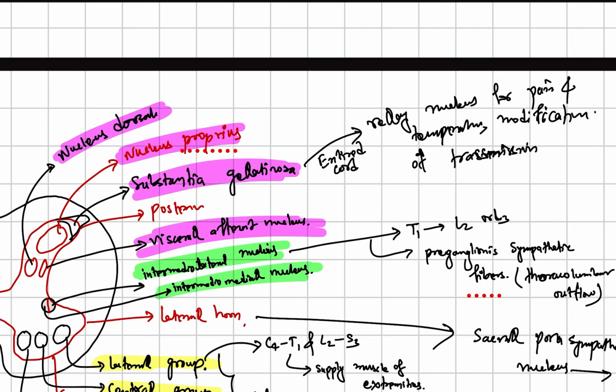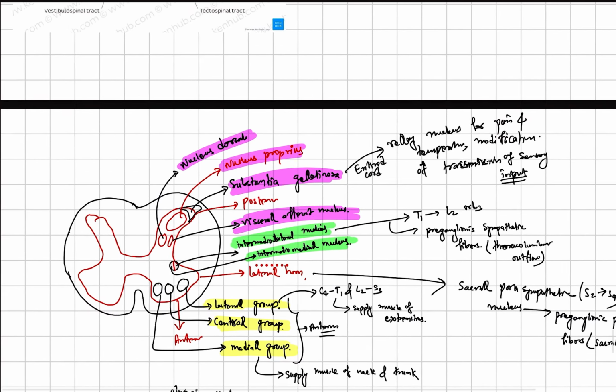The nerves coming inside give fibers to this nucleus, which handles pain and temperature, and it modifies how the type of sensory input is transmitted.